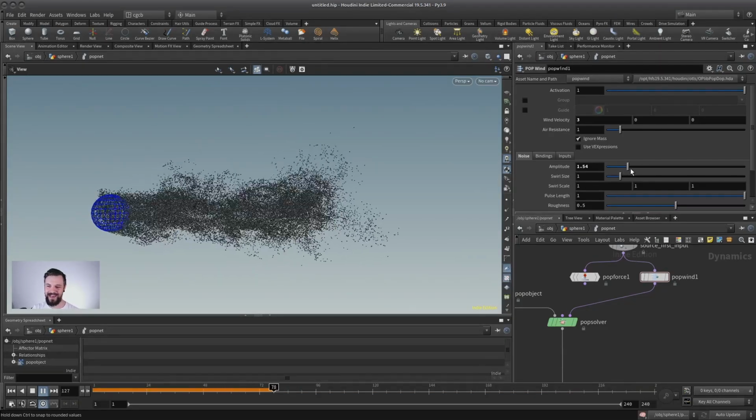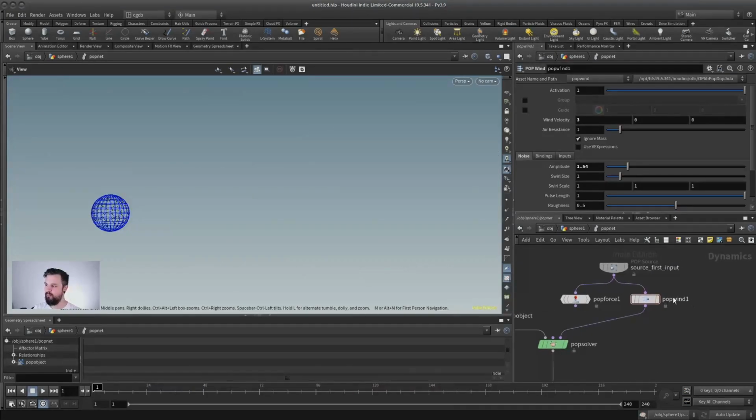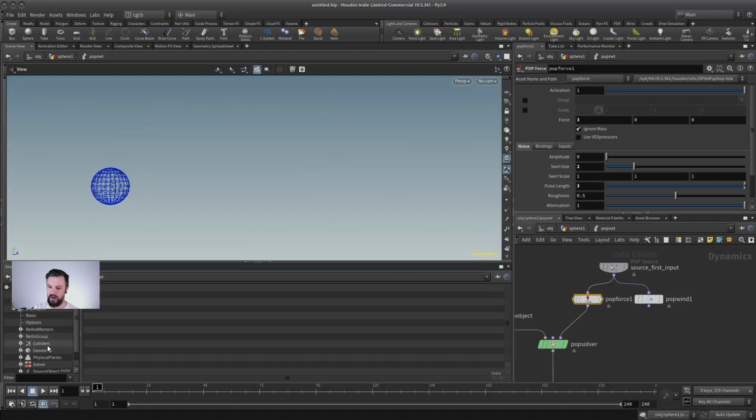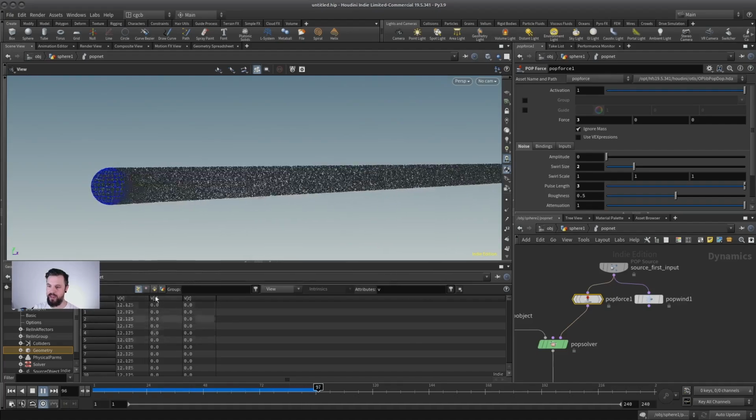So basically it's kind of the same, but there's one very important difference, and that is that the pop wind is not constantly accelerating, but the numbers that you put in here define a target speed. What does that mean? If we look at the pop force with just a directional speed of 300, and we then look into our velocities, then you can tell that the velocity in x is constantly accelerating way beyond the 3 that we set here, because that is the speed that we're accelerating with.